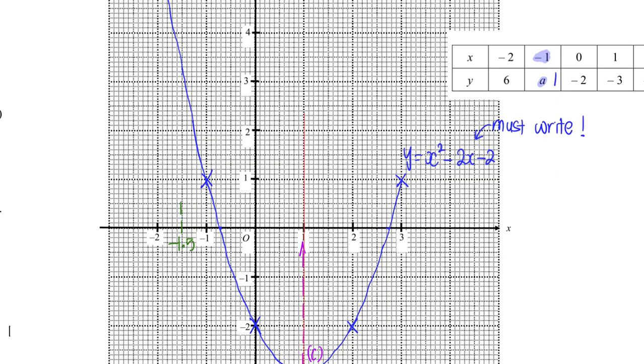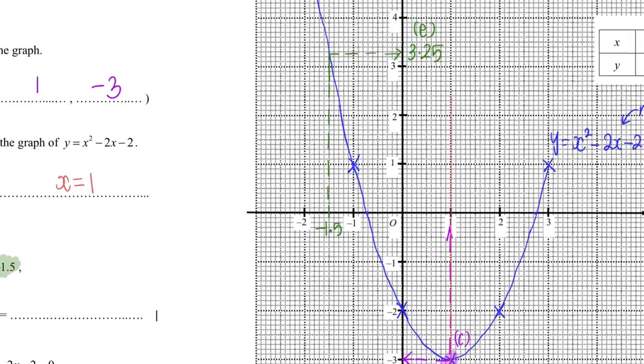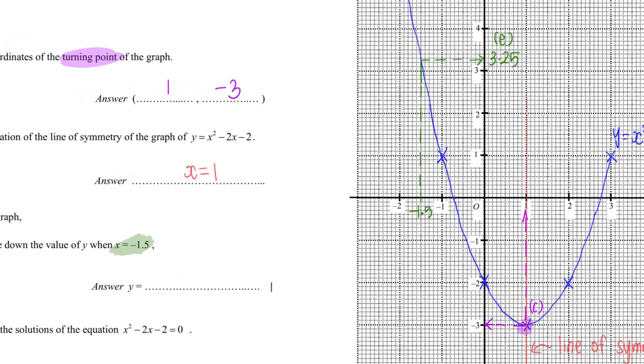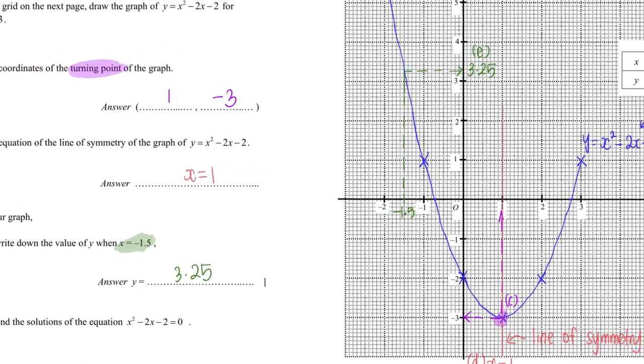So please draw a dotted line, to let people know that the answer is indeed taken from the graph. So in this case, my y is 3.25 for E part 1.